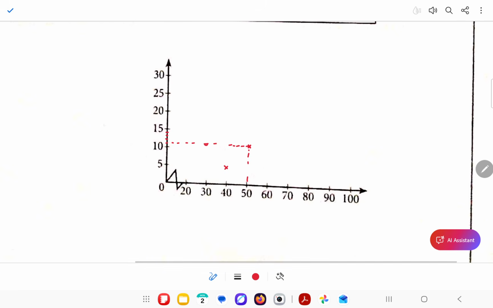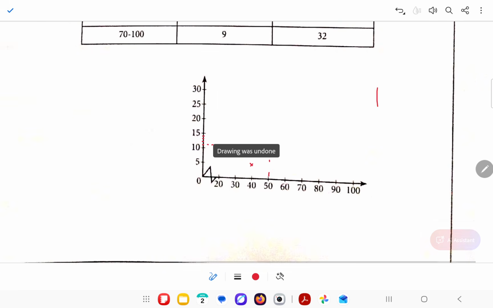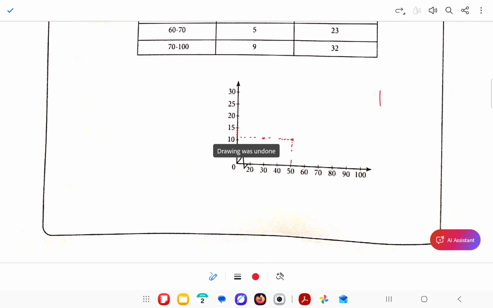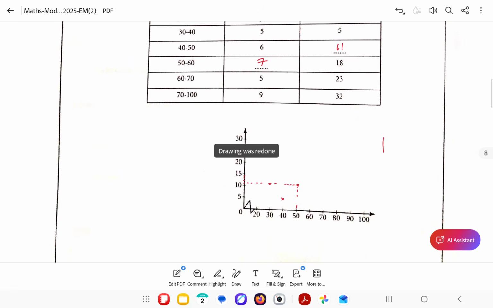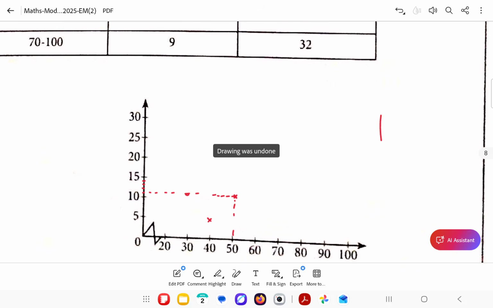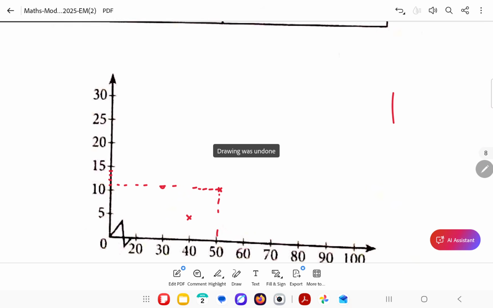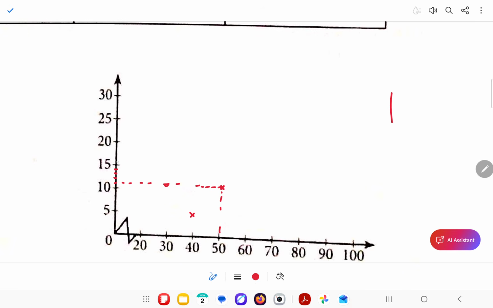At 60 you want to be at 18. 16, 17, 18, 19.